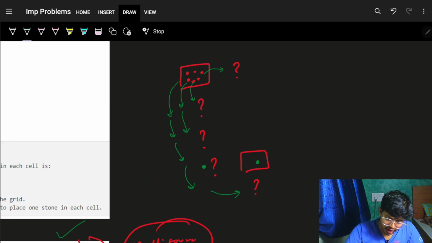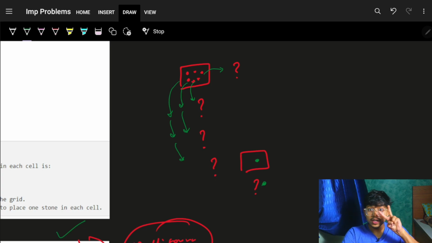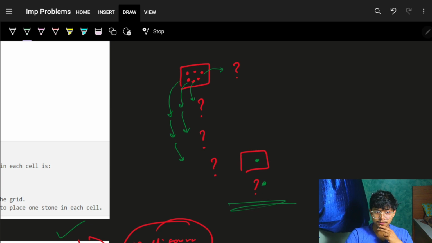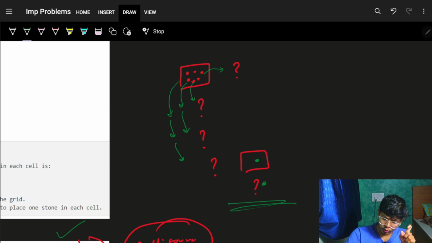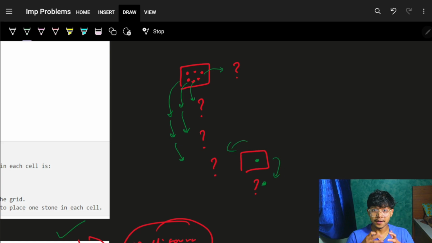But contrary to that, what we could have done was move 1 stone here, then these steps would have reduced, and as you can see, 2 steps would have been reduced if we had used this approach.